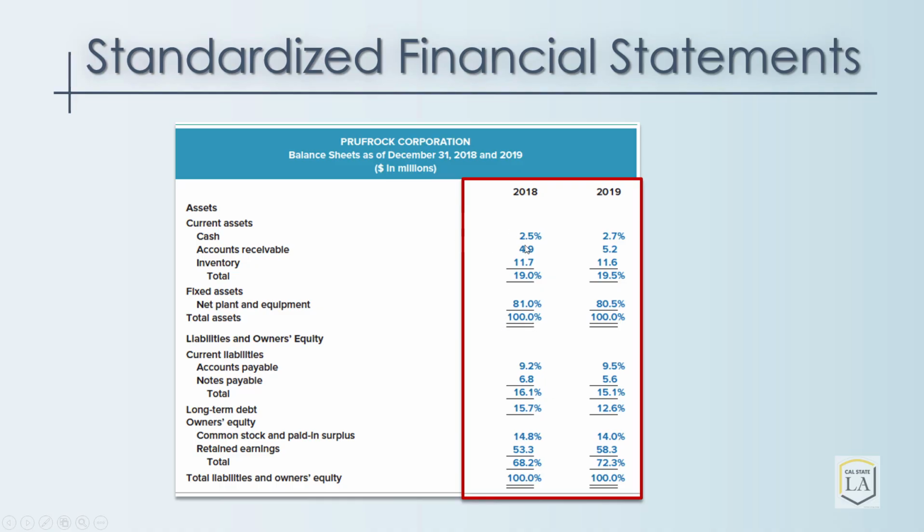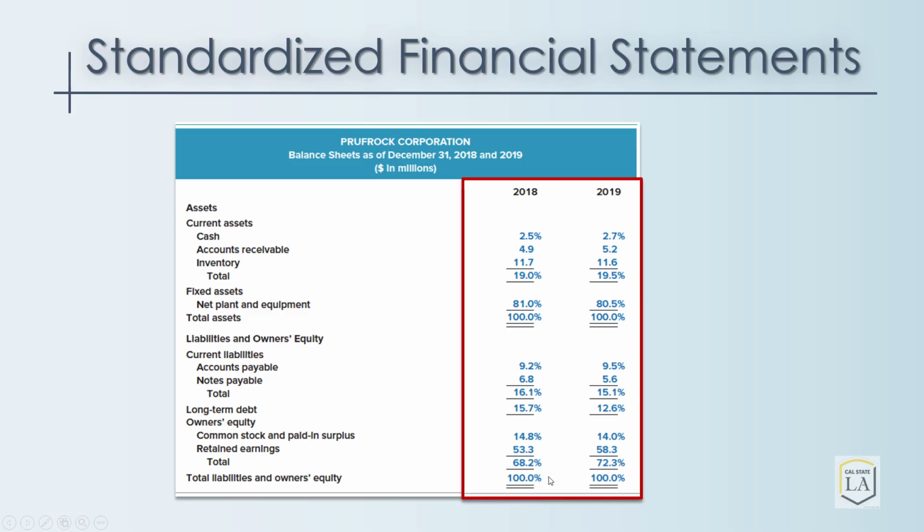So for example, cash here, instead of presenting the dollar amount of cash, it's presented as the ratio between cash and total assets. So 2.5% would be 2.5% out of the total assets. Same thing for all other accounts here.